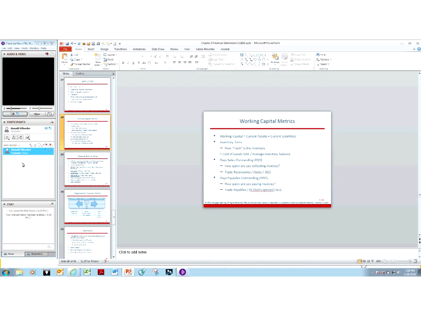Day sales outstanding is almost always a critical metric, and this is how fast you are collecting your invoices. You get there by taking your trade receivables off of your balance sheet and dividing it by your average daily sales, sales divided by 365. Invoices typically say due within 30 days, so maybe you're really collecting in 45 to 60.